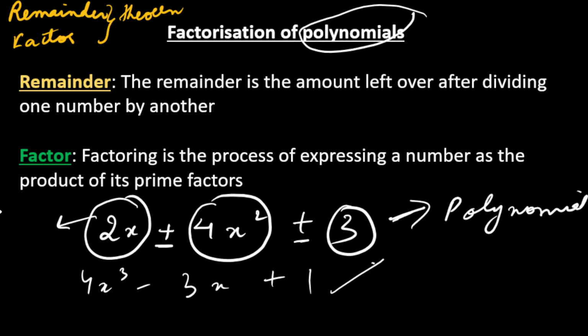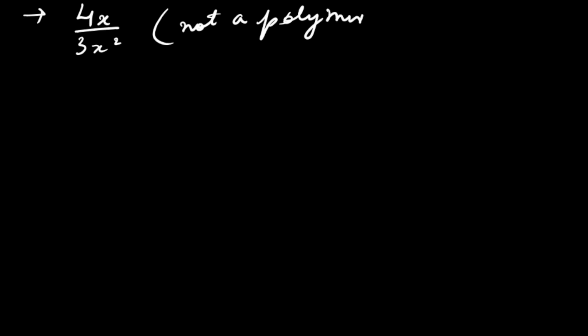Regarding polynomials, first of all, you have to understand that in a polynomial the terms, which are algebraic terms, should only be separated by addition and subtraction. They should not be separated by division. So if I write 4x by 3x, this is not a polynomial. The terms should only be separated by plus or minus.